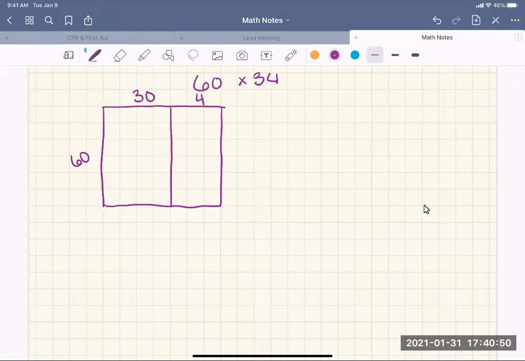So this is what your area model should look like. Okay, and then in each box, we're going to do our multiplication.